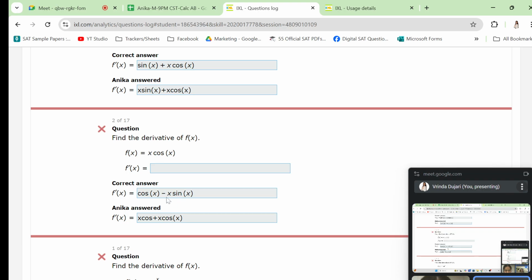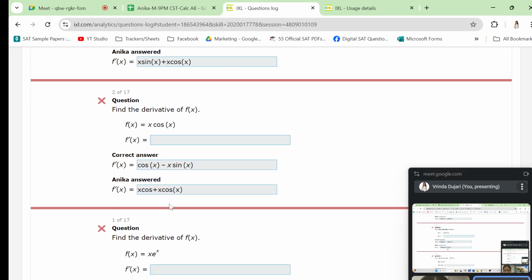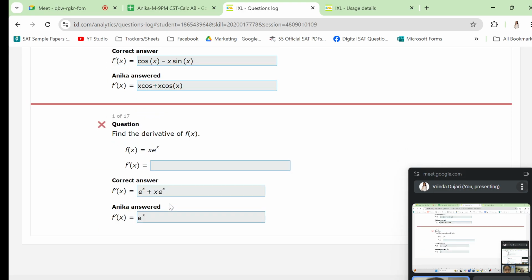Here again, I think you placed x. So you have to be really clear, Anika, with the derivative of sine and cosine. Derivative of sine is positive and derivative of cosine is negative. And what about this one?